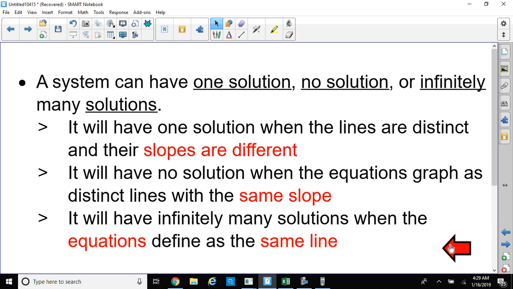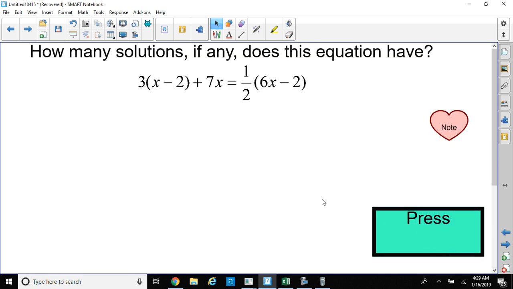So let's really take a look at this by doing something called inspection. That means looking at the problem without really doing much work. So let's get a pen. I'm going to distribute the 3 to this over here.